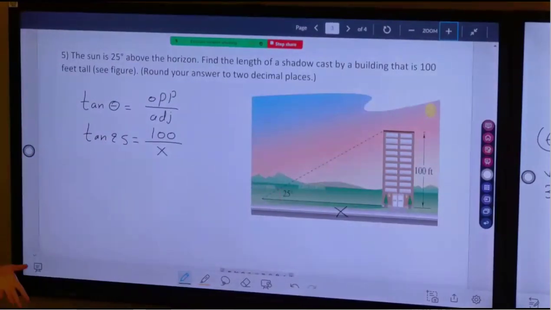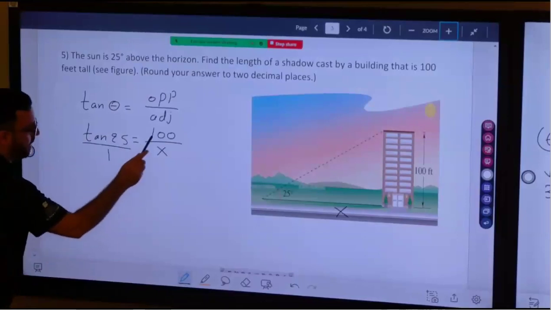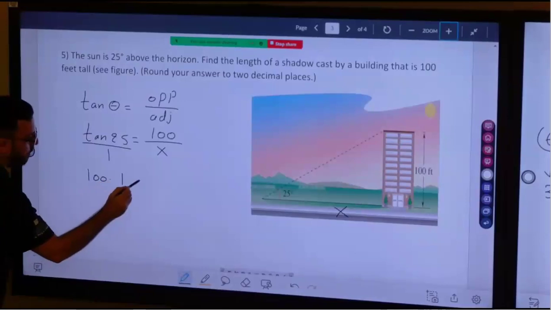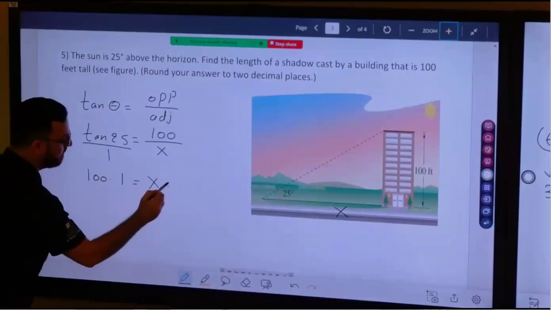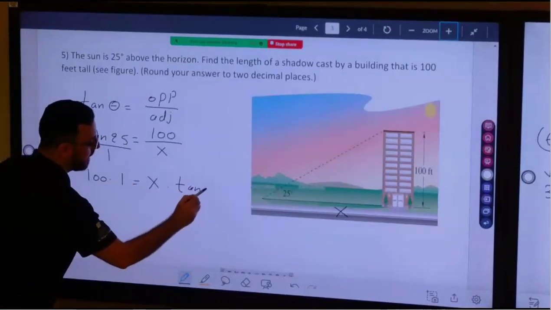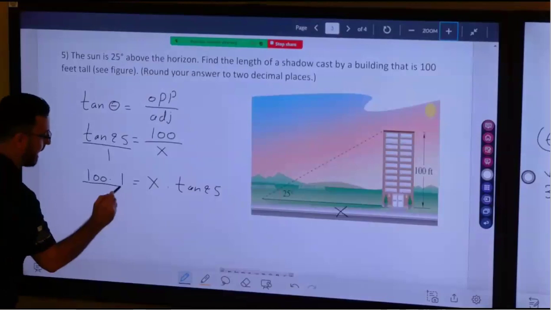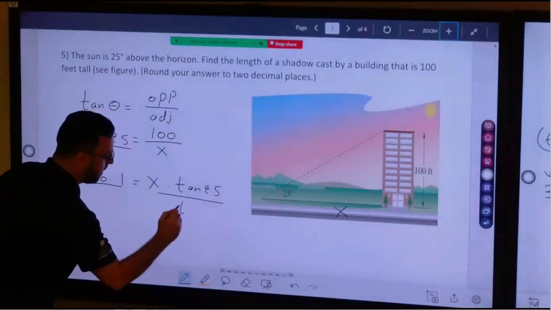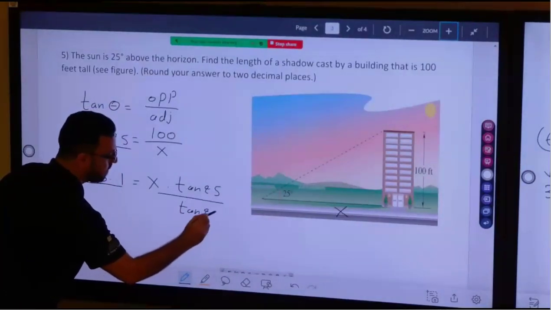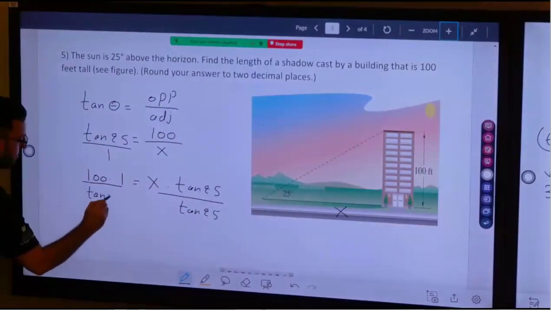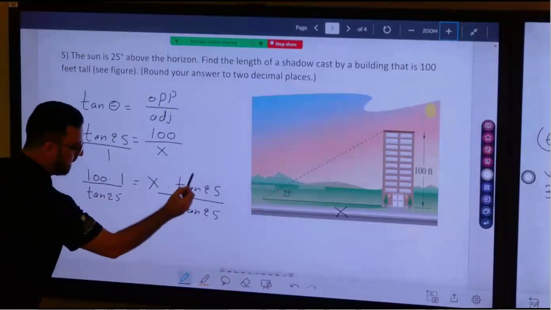Now, next step. This is over 1, cross multiply. That means 100 times 1 equals X times tangent 25. Next step, divide both sides by tangent 25 and cancel here.